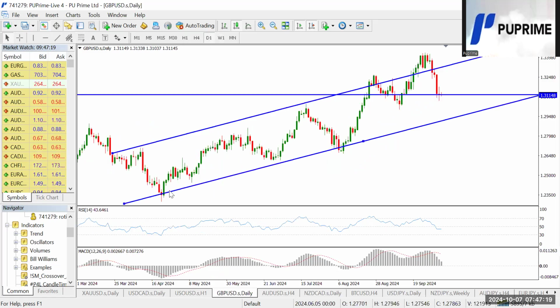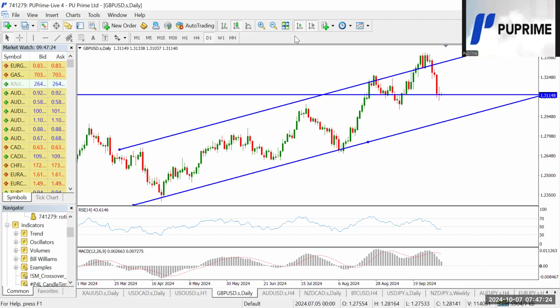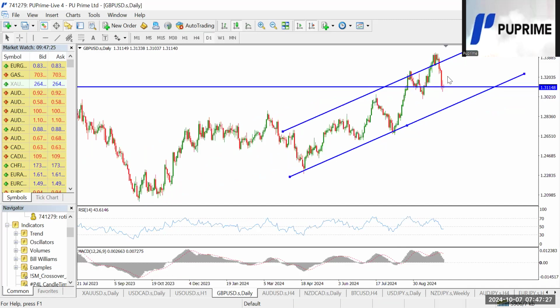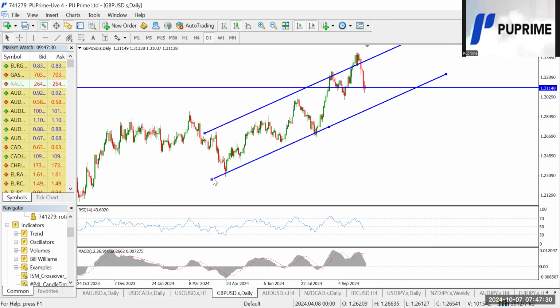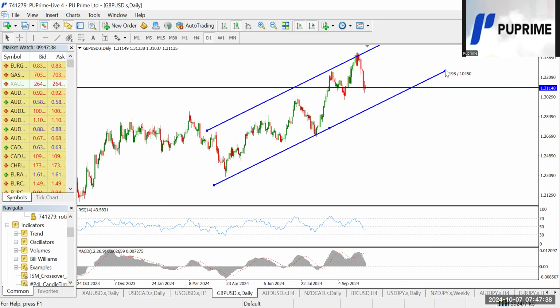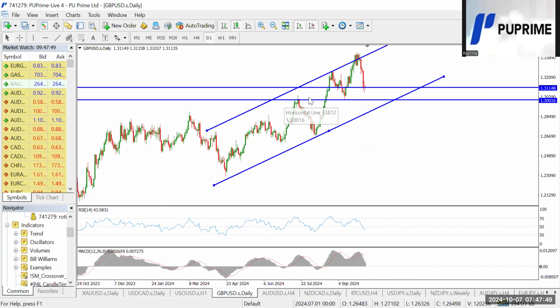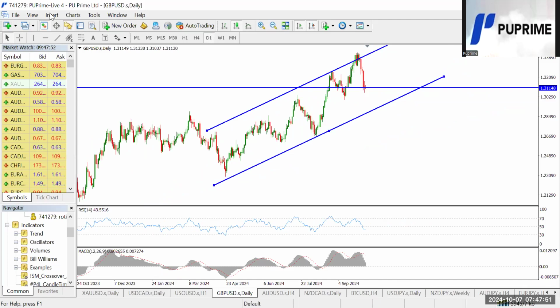Now, on the same weekly time frame, we also have a channel. Let's go down to the daily. Okay, so we have a channel right there. Now, price, and I think we have a support zone right here also, a resistance turned support.